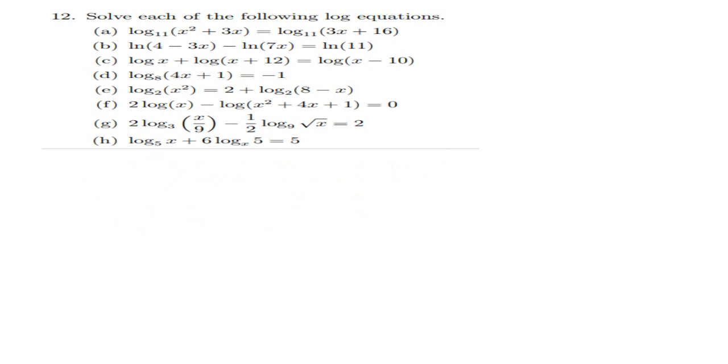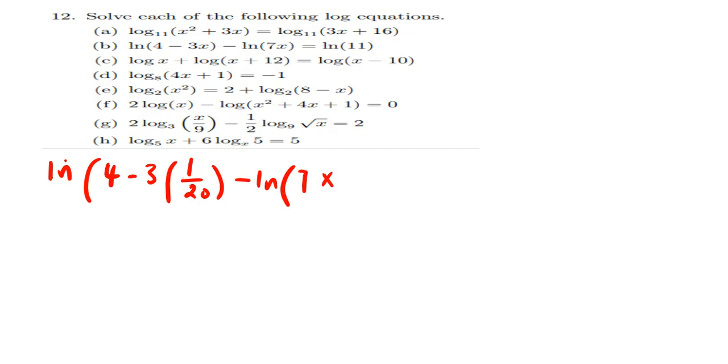Just to verify, because people want to verify, natural log of 4 minus 3 times x, which we found to be 1 over 20, minus natural log of 7 multiplied by x, which is 1 over 20, is equal to natural log of 11.